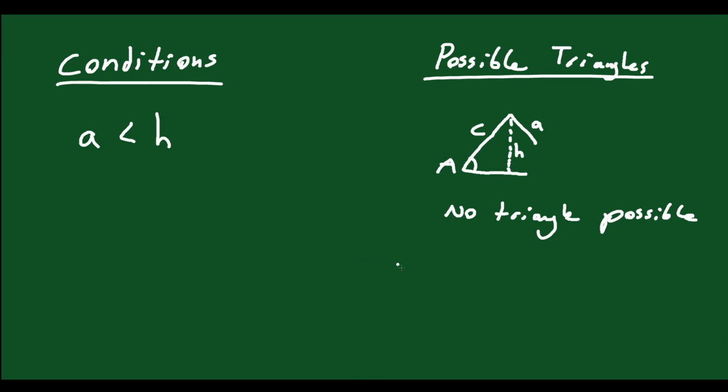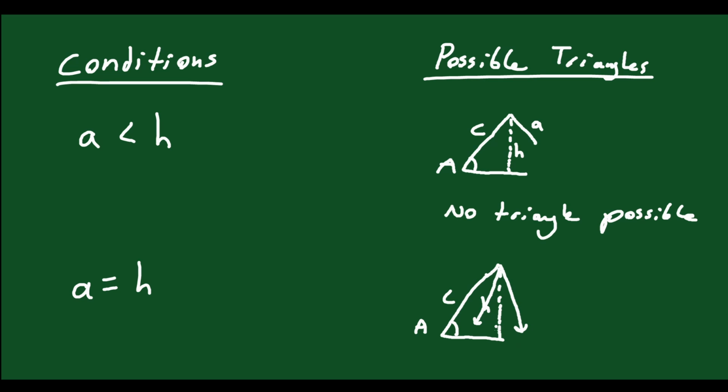Okay? That's one condition. Another condition would be if A is equal to H. So using the same kind of idea here, the same drawing, what if A is the exact same length as H? Well, if A is the same length as H, so again this is angle A, this is side C, and then we have your height like that. If A is the same height as H, then when I have it to the right like this, it's not going to touch the ground.